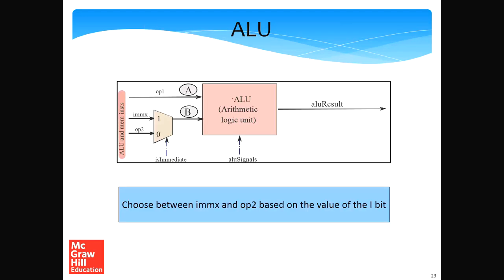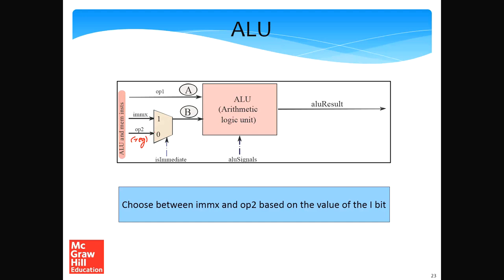So now let's take a look at the other component of the execute stage, the EX stage, called the ALU, the arithmetic logic unit. It has two inputs, let's call them A and B. The first input is OP1, which is the first source. The second input can either be a register, which is OP2, the second output of the register file, or the immediate, immx, which is a 32-bit extended immediate.